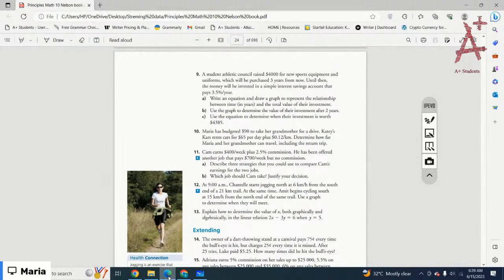Make your decision. You are given two situations, and you have to see which is best for Cam. Got it? So let's start with $400 per week and 2.5% commission.